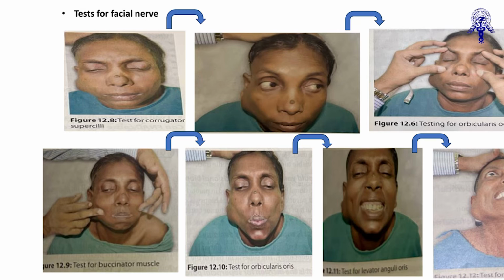Then how will you examine orbicularis oris? By whistling or blowing air. Okay. And then platysma by clenching. Okay, so these are the muscles, and it also has motor supply to the anterior 2/3 of the tongue. So these are the motor supply, and these we have already discussed.